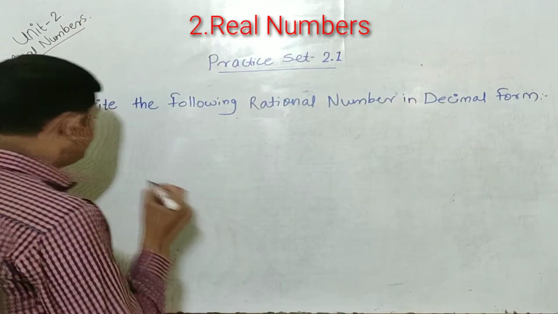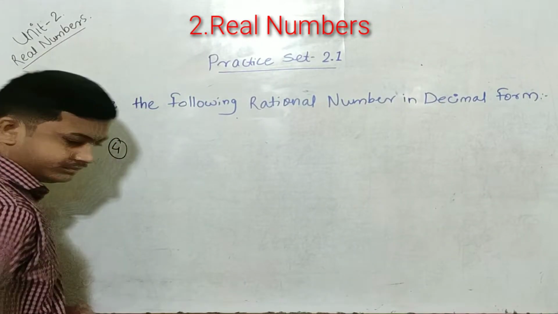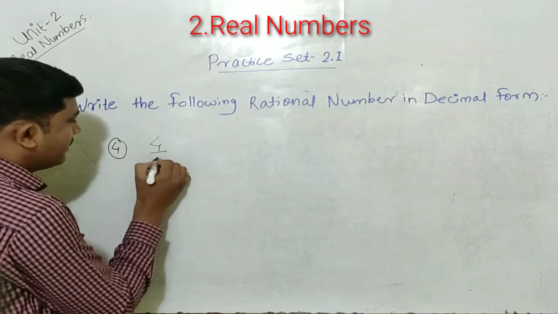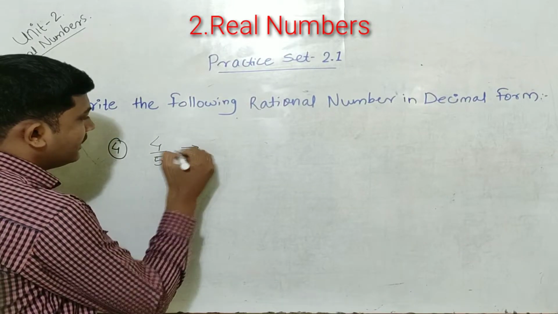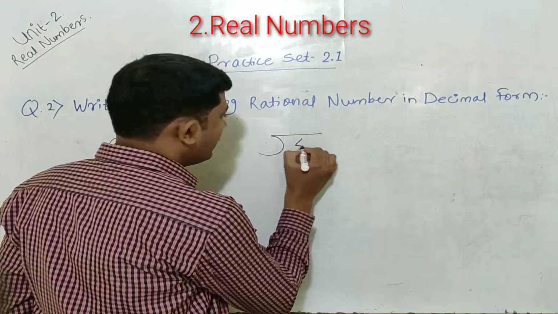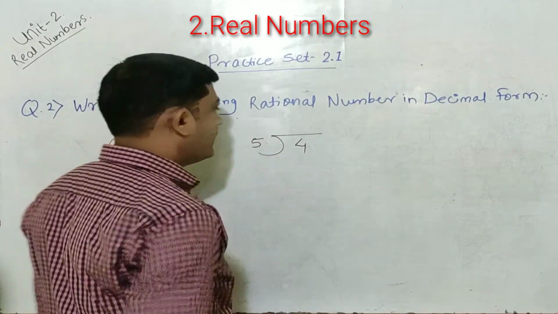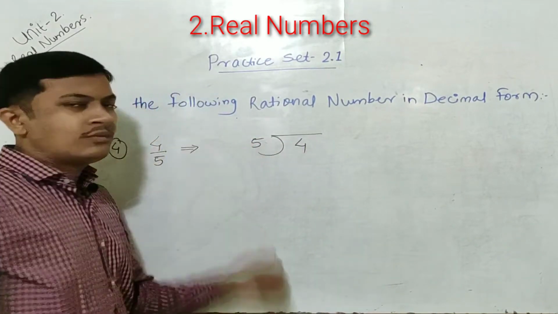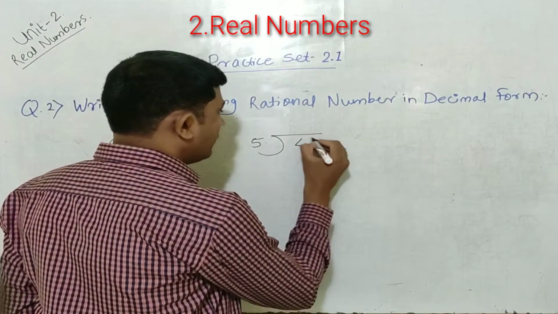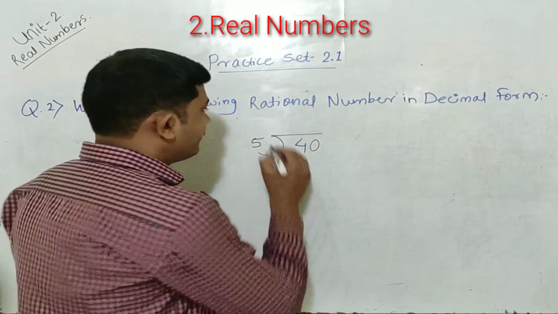Fourth example, 4 divided by 5. Here 4 is less than 5. So follow the division rule. Take here 0 and give here decimal point.